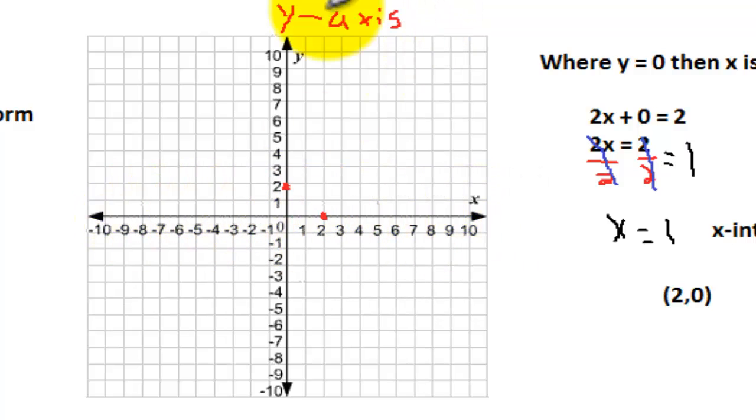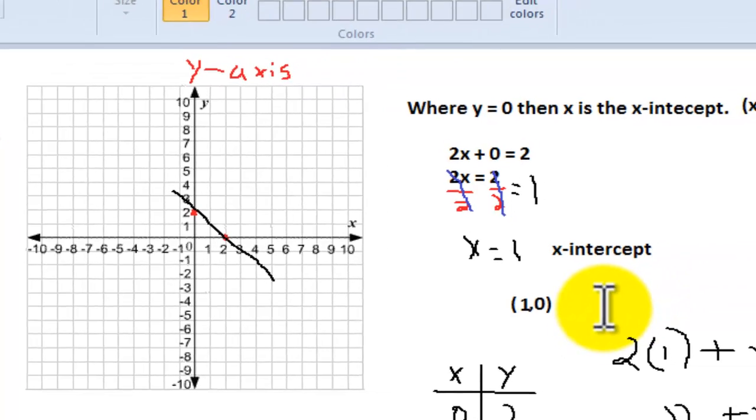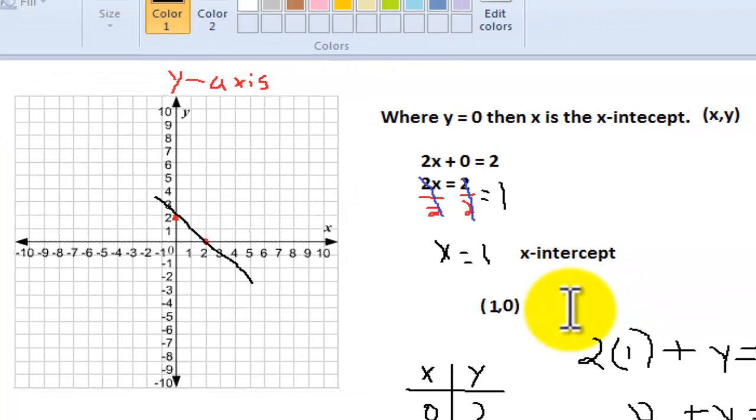Now we can draw a line. Okay, so those are 2 points on the graph, 2 special points. So this point is not correct. Let me say that again. Where y equals 0, the x-intercept is 1.